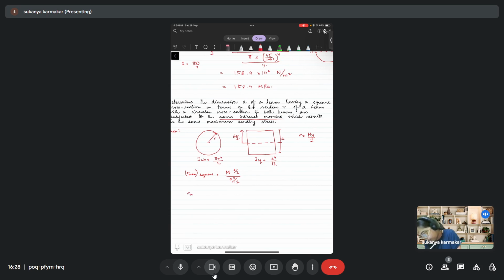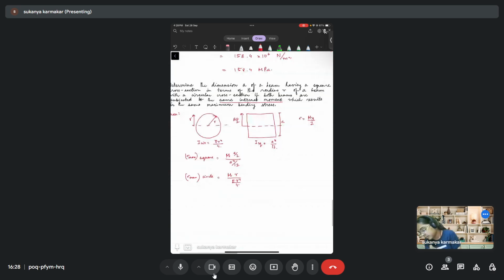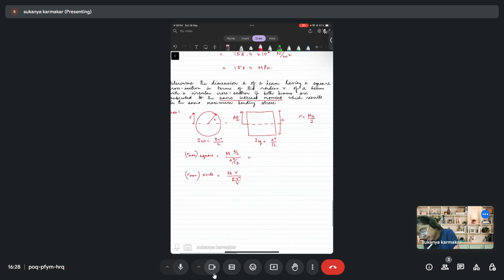Now sigma max for the circle: y is equal to r, so M r by pi r to the power 4 by 4. Now these two maximum bending stresses are equal. This simplifies to 6M by a cube and 4M by pi r cube.